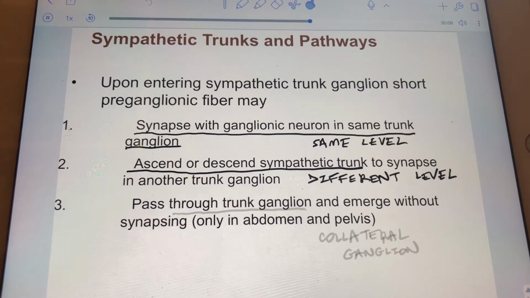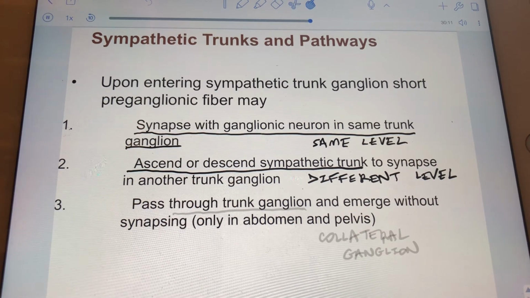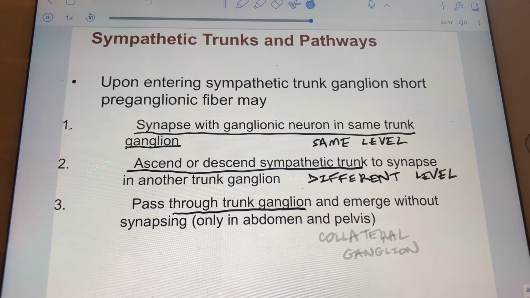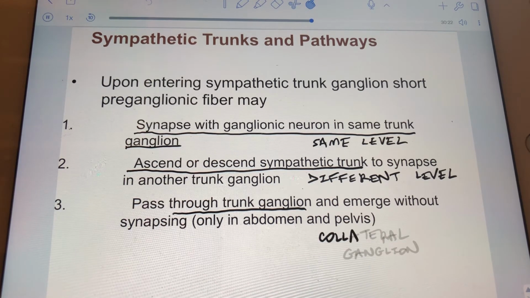Or a preganglionic neuron may pass through a sympathetic trunk ganglion and not synapse in that ganglion, and instead synapse in what's called a collateral ganglion.